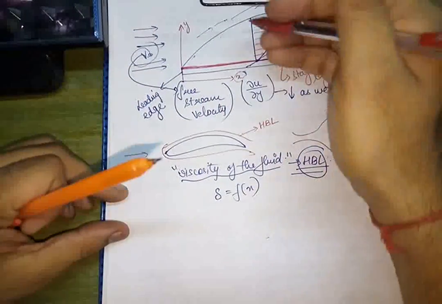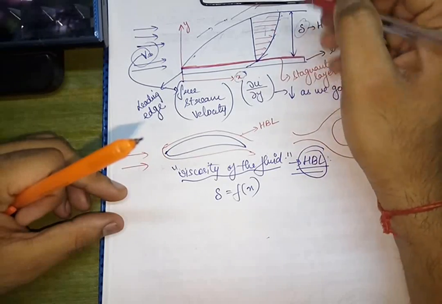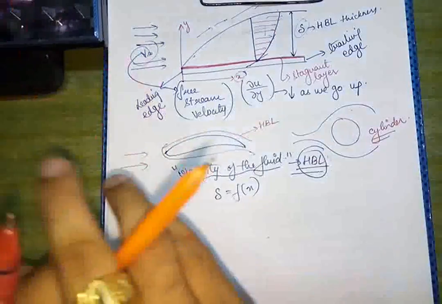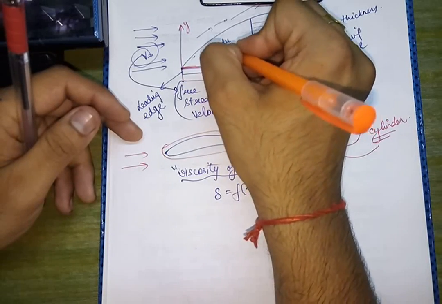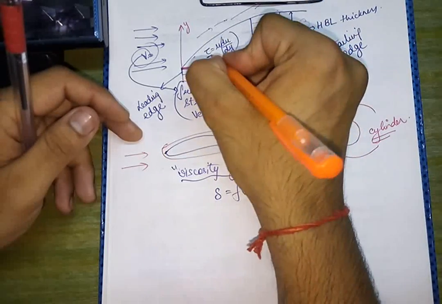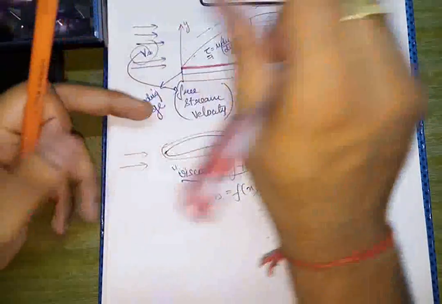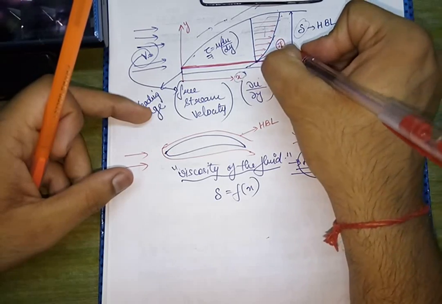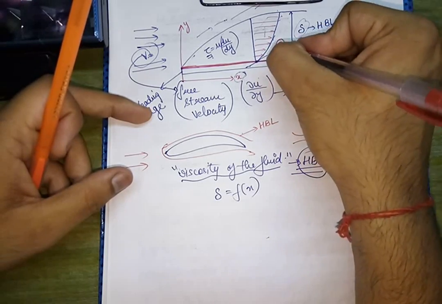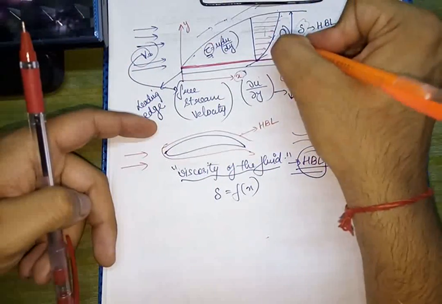Now since du over dy exists only within the region of the hydrodynamic boundary, we can say that here we will have tau equals mu du over dy. There will be shear stress definitely, and if there is shear stress, then here the flow will be rotational, because it will create a rotation of the fluid particles.